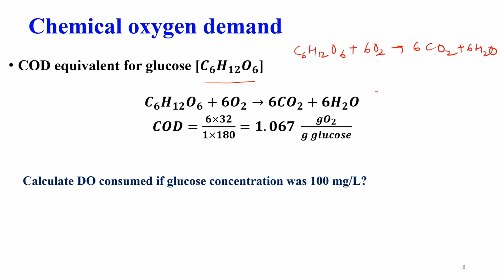Now if I want to calculate the COD, the amount of oxygen required is 6, the molecular weight of oxygen is 32, divided by the molecular weight of the substrate, glucose, 180. So this comes out to be 1.067 grams of oxygen per gram of glucose.